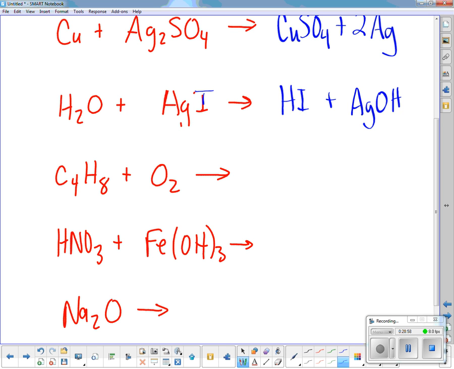Balancing, what do I need to do? Anything? Good. 2 hydrogens, 2 hydrogens, 1 oxygen, 1 oxygen, 1 Ag, 1 Ag, 1 I, 1 I. Done. This is double. Okay, next one.